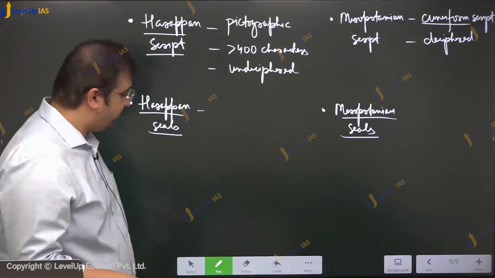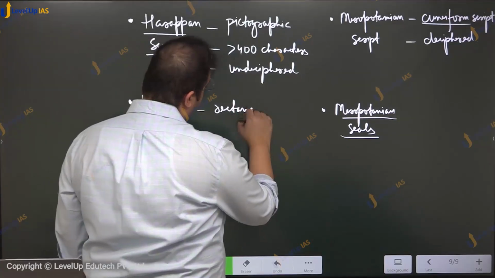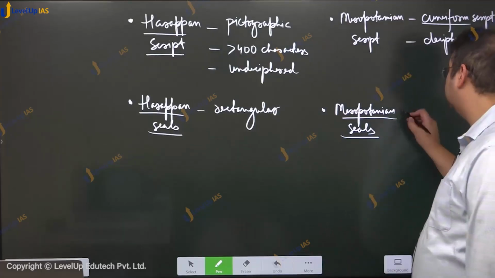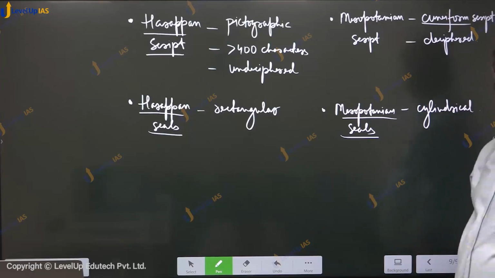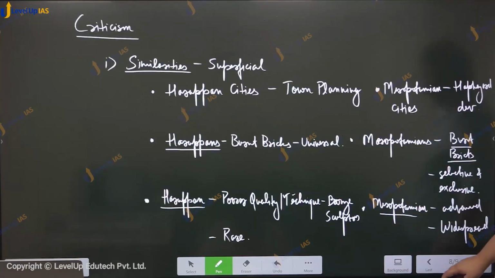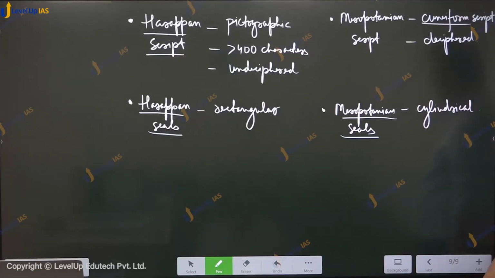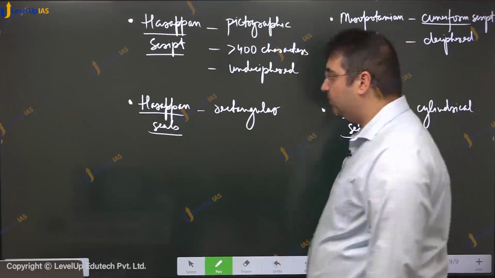Basic shape of the Harappan seals, rectangular or square, and the Mesopotamian seals were cylindrical. ठीक है? So do you think that all these things are the work of the same group of people, या फिर अलग अलग तरह के लोग इन्वॉल्व थे इसमें? अलग अलग तरह के लोग इन्वॉल्व थे. So the argument that Mesopotamians were responsible for the creation of the Harappan civilization, that becomes weaker.